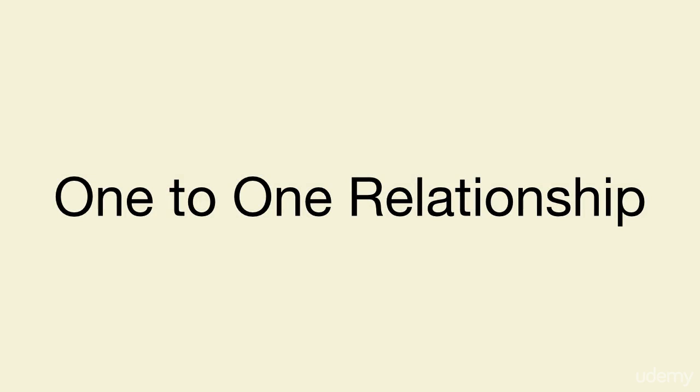In this video, I want to talk about the one-to-one relationship, which is a really basic relationship, and this is not a really useful relationship because you can actually take that column which is associated to another table and put it inside the same table you already have and cut the relationship.